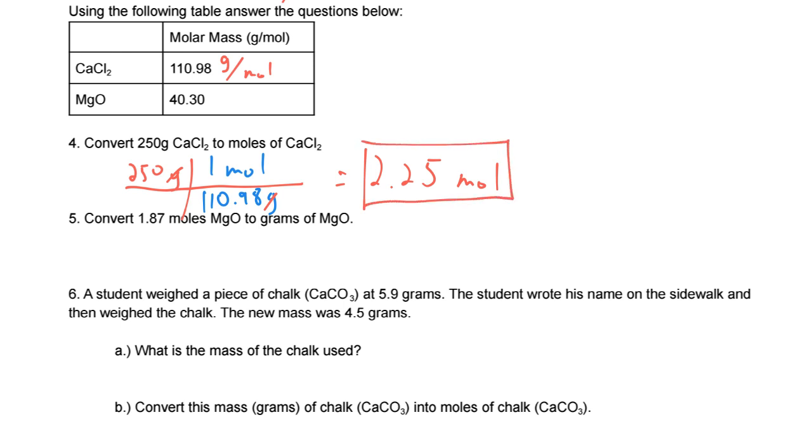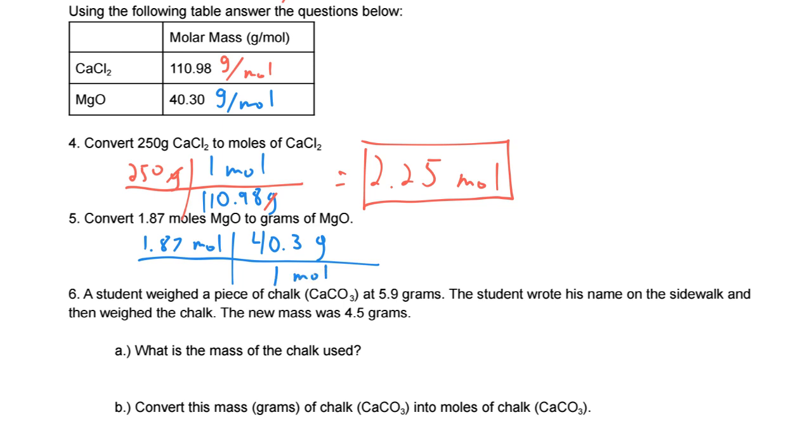Now we're going the other direction. 1.87 moles of magnesium oxide to grams. So I'll start with what the problem gives me, 1.87 moles. Always write your unit when you're doing this so that you can see it cancel. And now I can look up here, 40.3 grams per mole means that it's 40.3 grams over 1 mole.